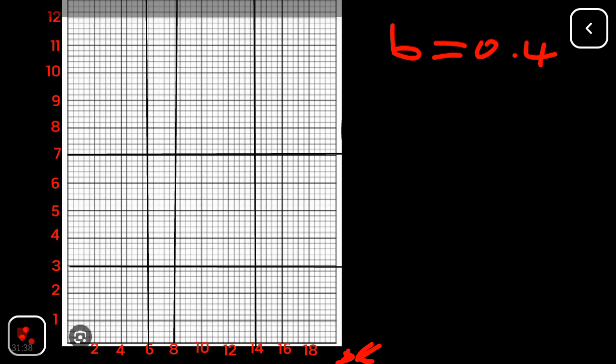Let's say we're going to locate the value of 5.5, the value of 6.7, the value of 8.1, the value of 10.0, the value of 12.8, and the value of 16.3. So I think this is okay, right?